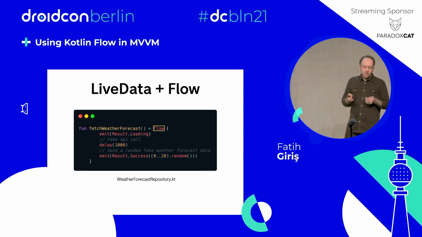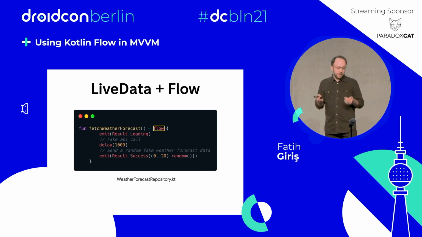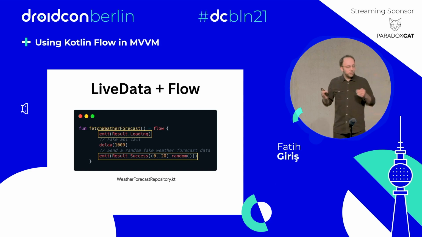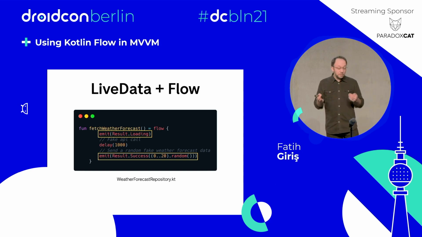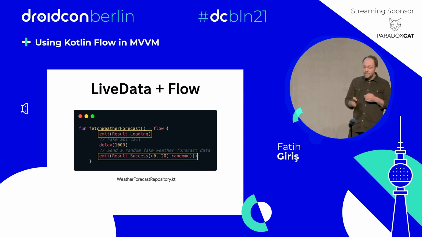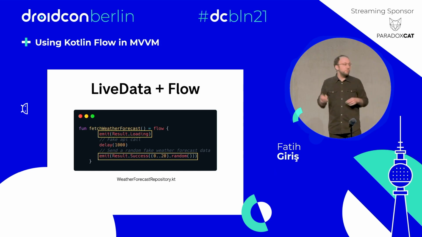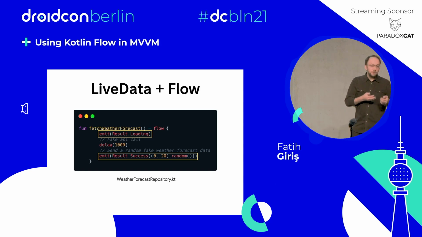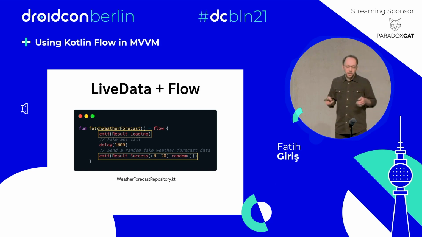For simplicity, I just added a delay. First, it emits the loading state. In Flow's terms, it's the emission. You can emit as many values as you want. So first we're emitting the loading state, and then we're assuming that we're making some API call, delaying for 1 second, and then we're emitting the result which is fetched from the API, which here is actually a random value.